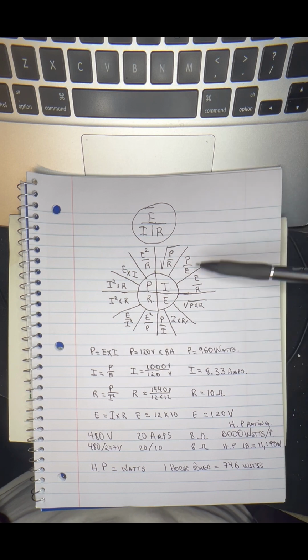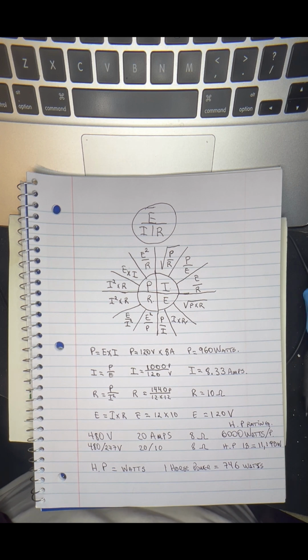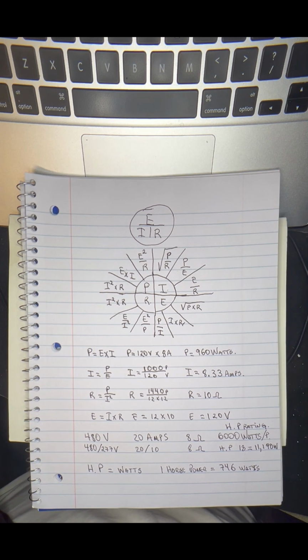With a good calculator, you can do this in basically seconds. And if you understand the theory behind it, you are good to go in becoming an electrician, technician, engineer, anything you want to be.